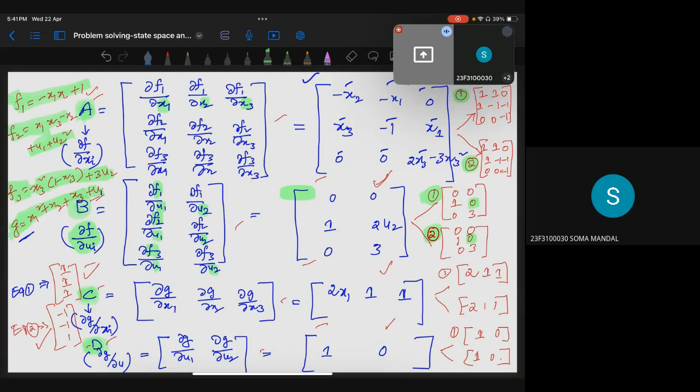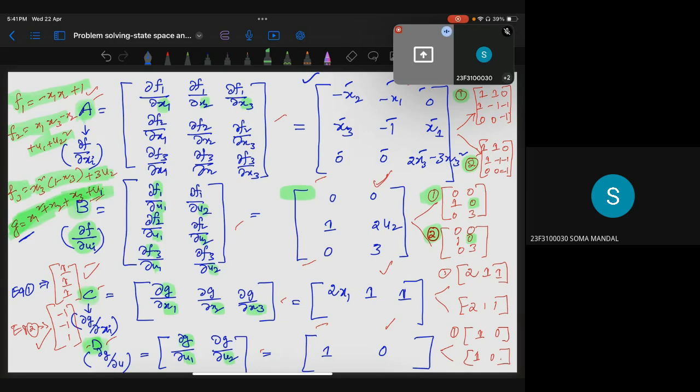Then again, the C matrix. So you take this Z function. Z function comes from the output equation. You take the Z function's derivatives with respect to x1, x2, x3. The same Z function's derivatives with respect to U1, U2 will give you the D matrix. Do the same thing.